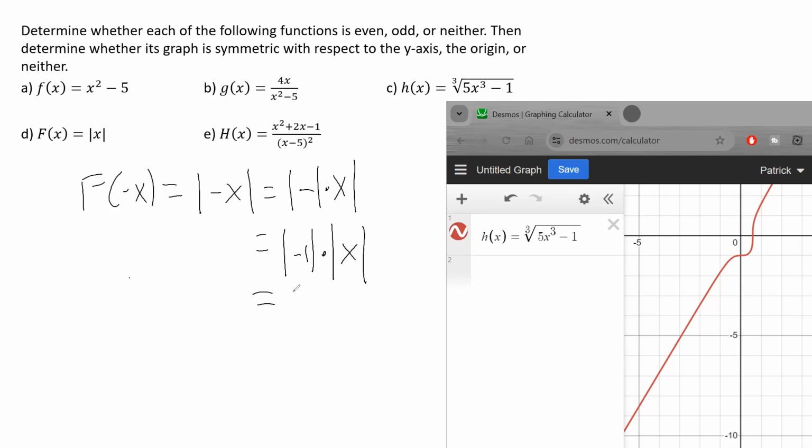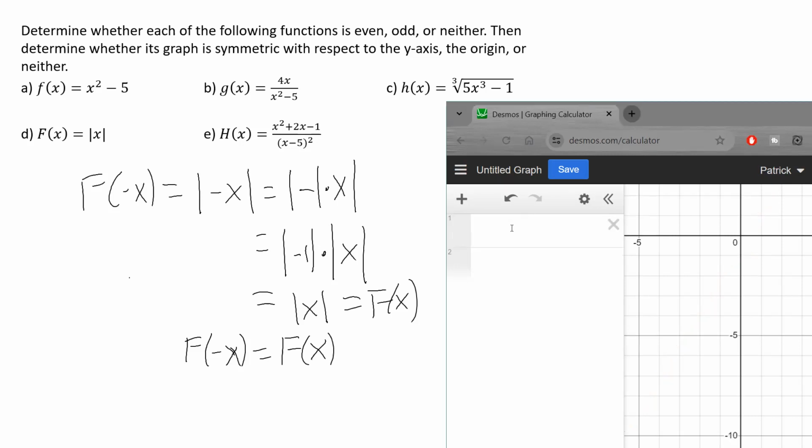The absolute value of negative 1 is 1, so it would just be the absolute value of x, which is f of x. So what we just proved is that f of negative x equals f of x. Therefore, the function is even and the graph is symmetric to the y-axis.